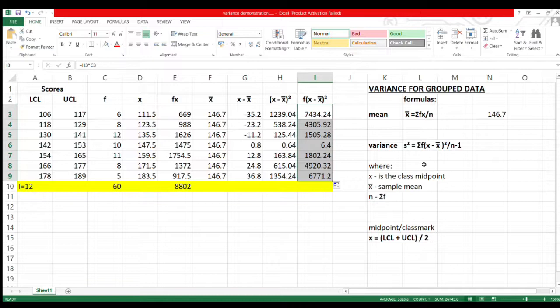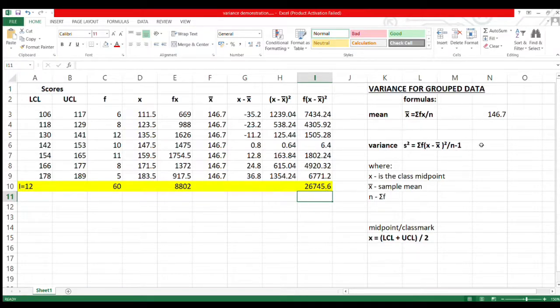Now, in the formula, we get the summation of f times (x minus mean) squared. The sum of all of these, we get 26,745.6.